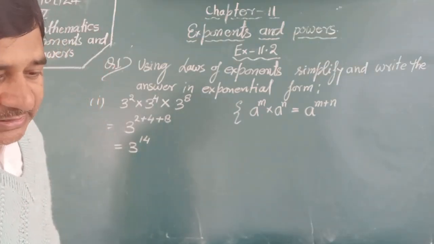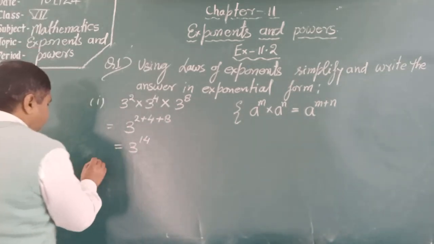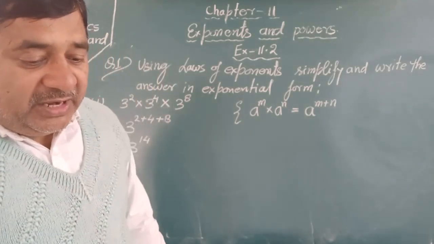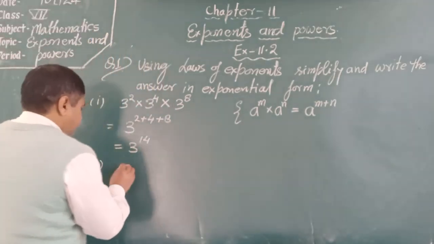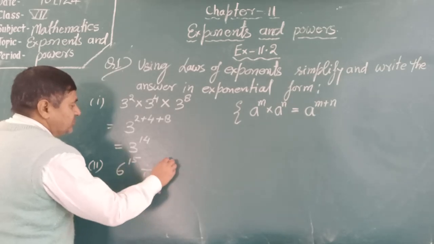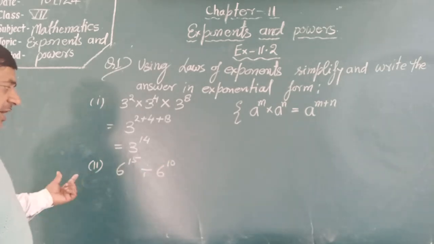It is given, the second part: 6 to the power 15 divided by 6 to the power 10. This is the second part.